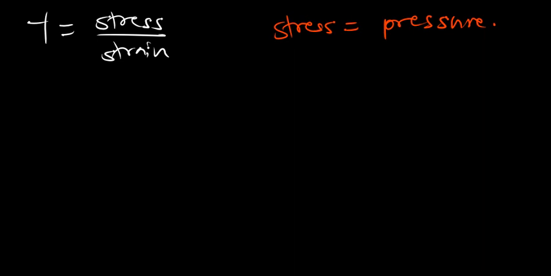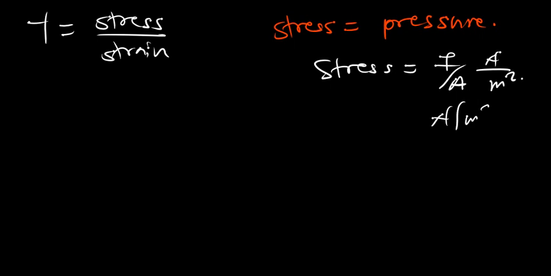So when we're talking about stress, we are talking about force divided by area, same as pressure. Force is in Newton, area is in meter squared. Therefore, stress is in Newton per square meter. These are the SI units for stress.